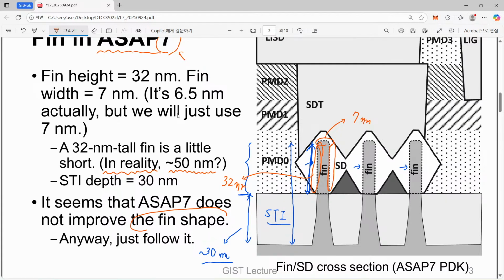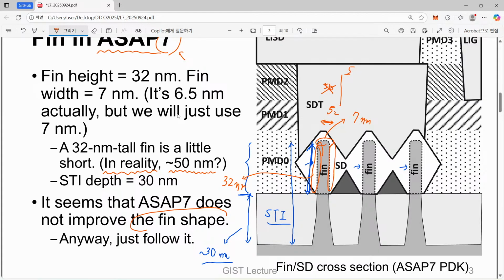Also the width of this fin is getting shorter and shorter, down to about 5 nanometer eventually. So maybe you can see that eventually we have an aspect ratio higher than 10 to 1, so 50 and 5, then this is 10 to 1. However, this height is even taller when we consider the latest FinFET technology.